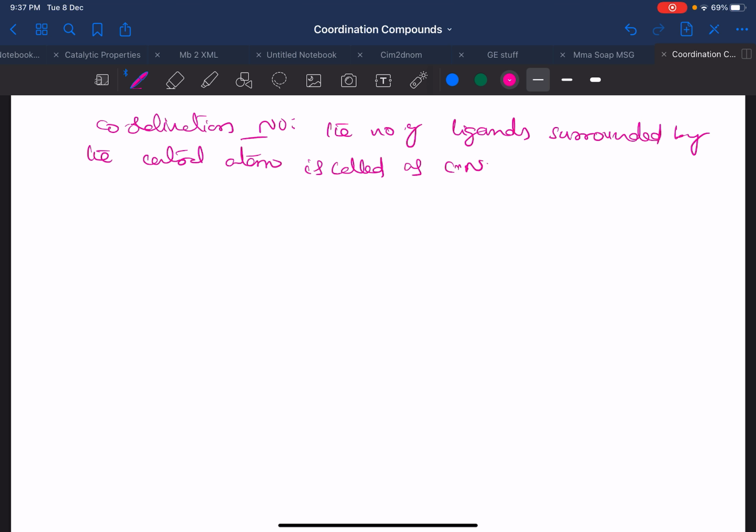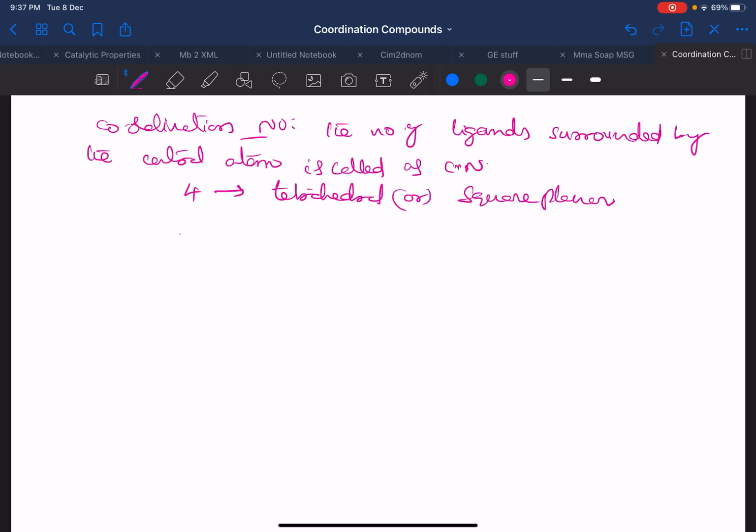So the coordination numbers are of two types. First one is 4. If the coordination number is 4, the structure will be tetrahedral or square planar.